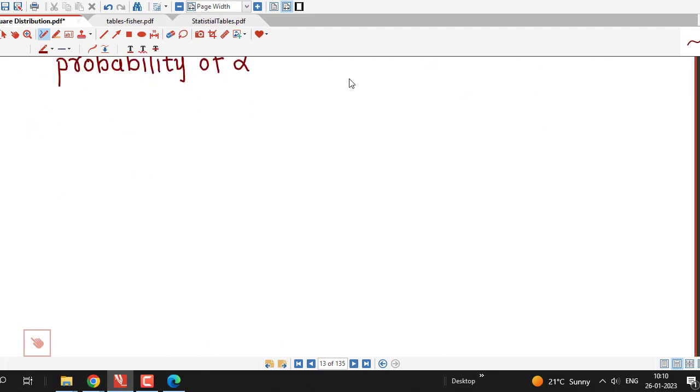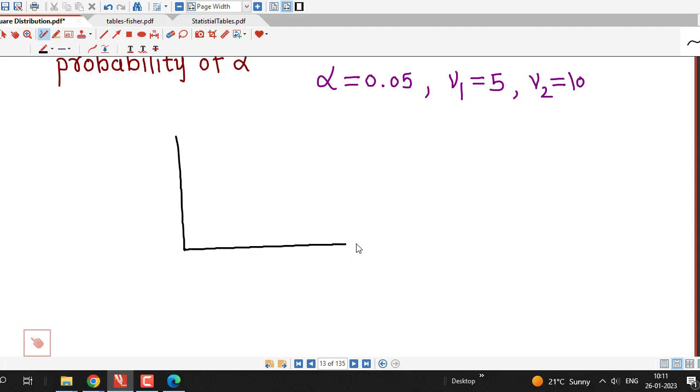So suppose we consider alpha equal to say 0.05. Suppose level of significance is given as 5%, so that alpha is 0.05. Suppose we consider numerator degrees of freedom equal to 5 and denominator degrees of freedom equal to 10, and we are interested in the right tail probability of alpha. So we roughly sketch the graph of the F density curve.